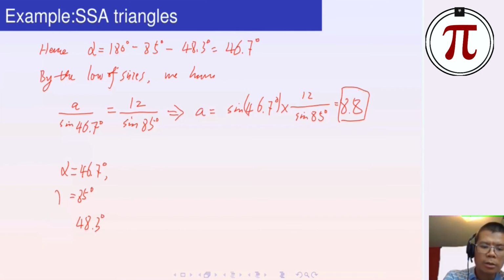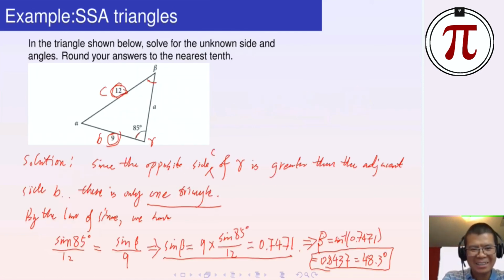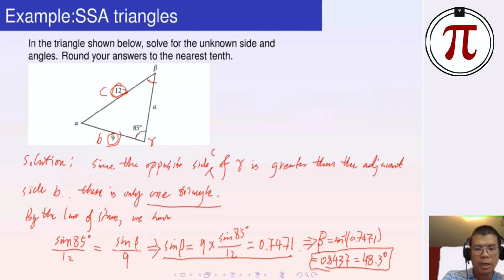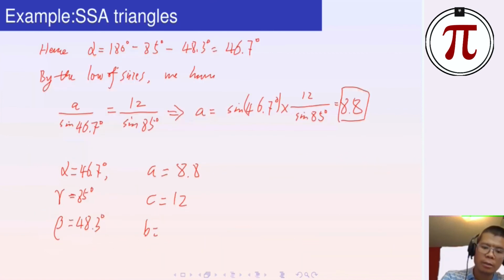Gamma equals this, and then beta equals this. Now A equals 8.8, C is 12, and B equals 9. Okay, that's good.